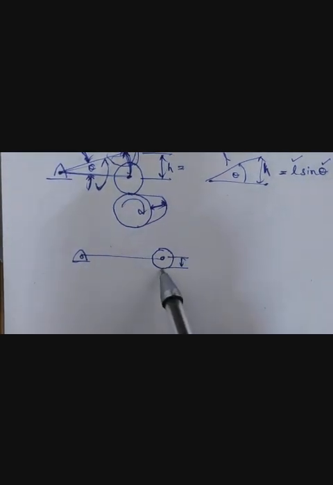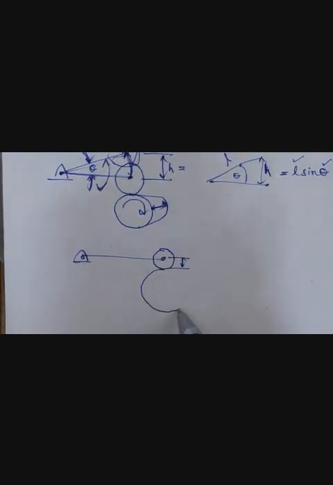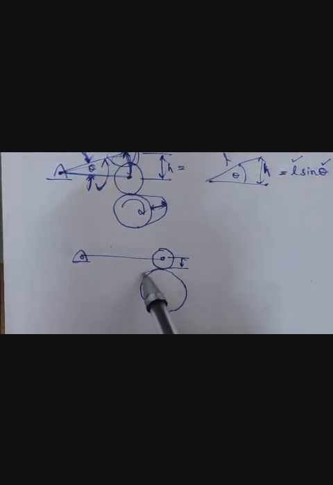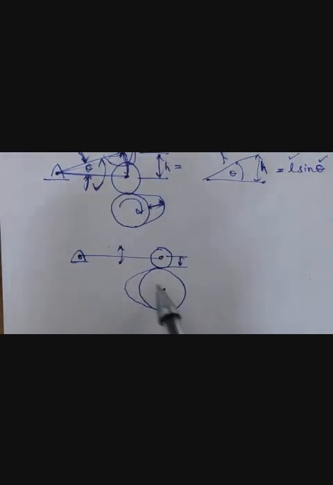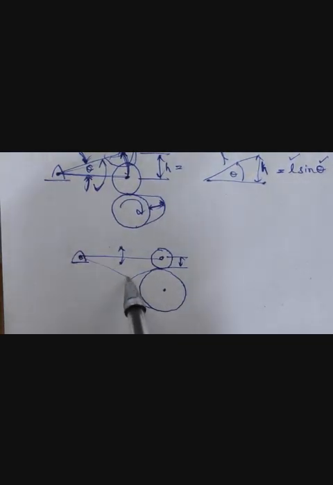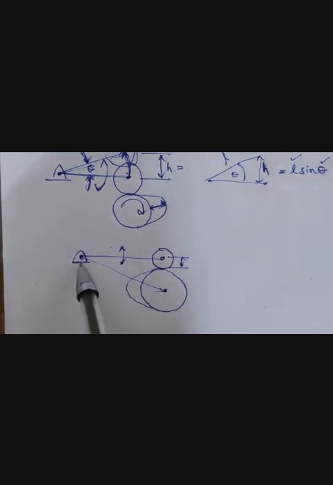This is driven by a cam which has a base circle, and of course it will have some lift which it has to generate to produce an angle like this. To locate this point, we should know the distance from the center of the base circle to this point.